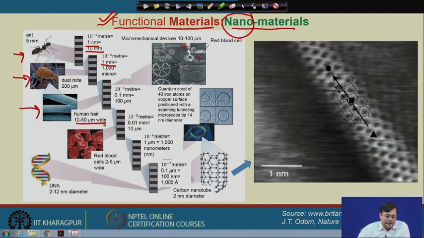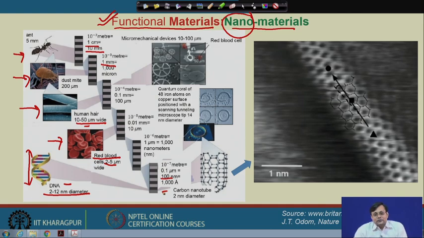Whereas a red blood cell is somewhat 10 times smaller than the human hair, in the range of 2 to 5 micrometer. And interestingly, the DNA in the human body is in the range of 2 to 12 nanometer. So, when we are talking about nanoscale, we are talking about something in the range of a DNA actually, from 100 nanometer to, let us say, a few nanometers.